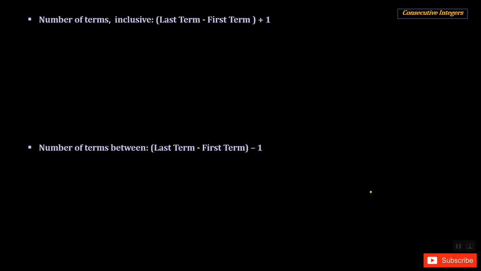This type of question can be solved by using the rule to find the number of terms: last term minus the first term plus 1. No matter whether your last term is positive or negative, first term is positive or negative, this is the general rule we can follow to solve those kind of questions.